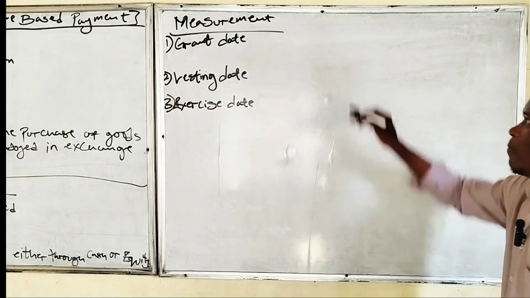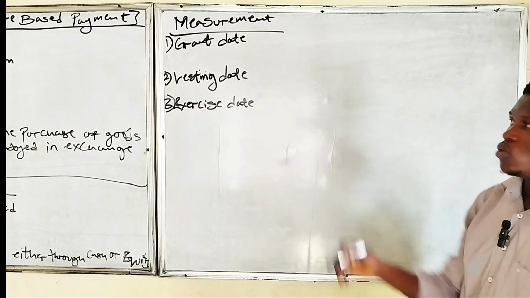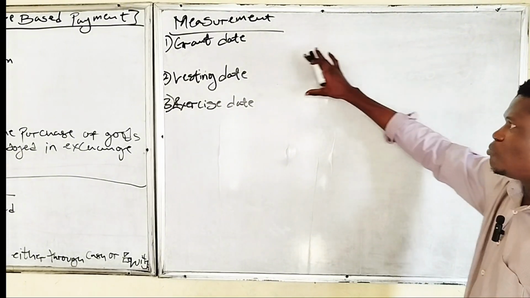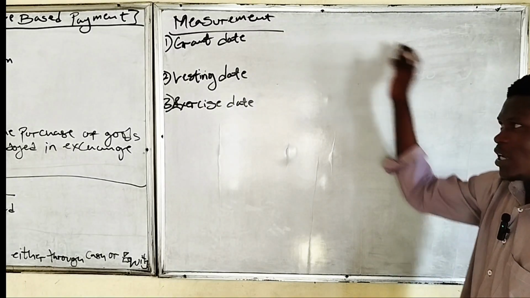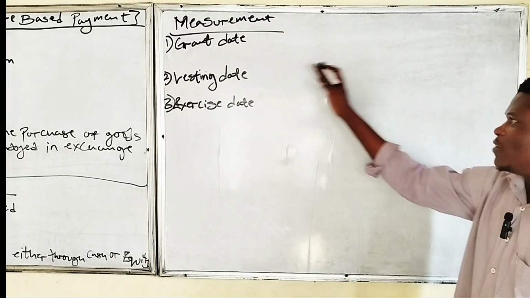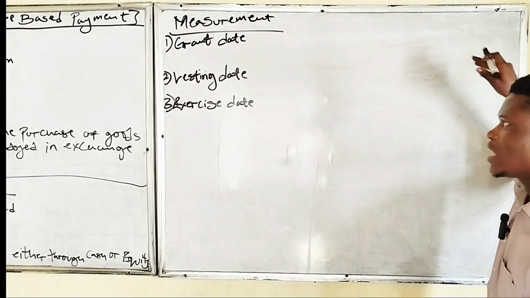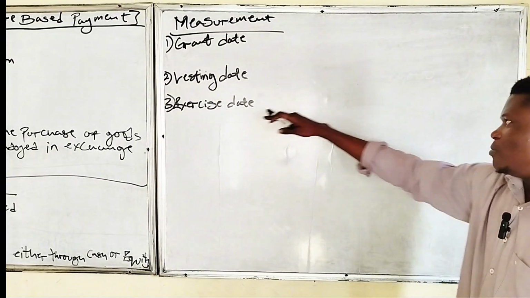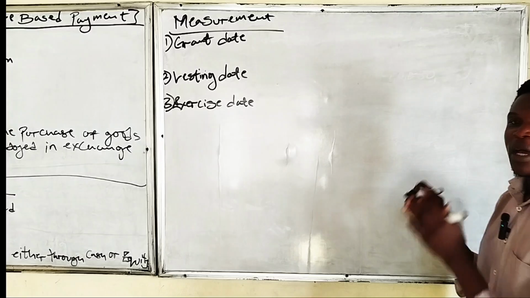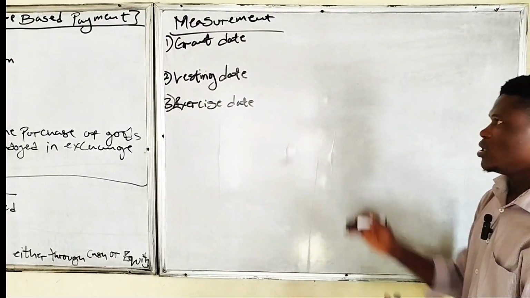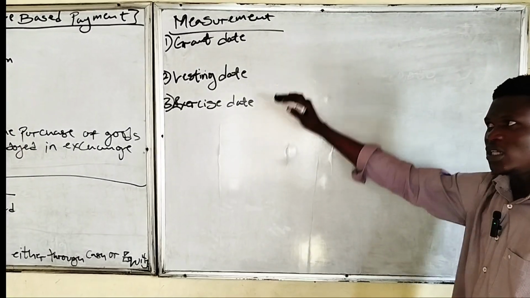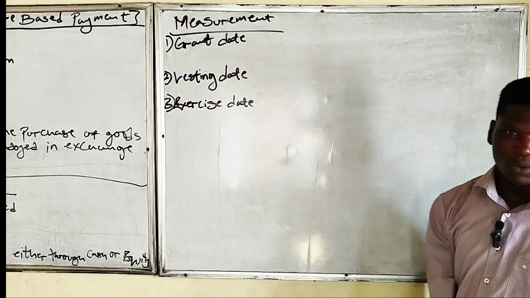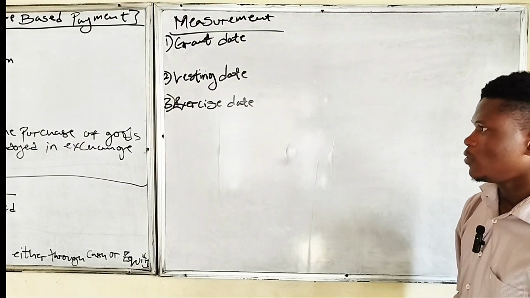So these are measurements of share-based payment. If there's an agreement, then if the vesting conditions have been met, then the date at which they were paid this share-based payment, then we measure or recognize share-based payment in these 3 stages. So that's for that.